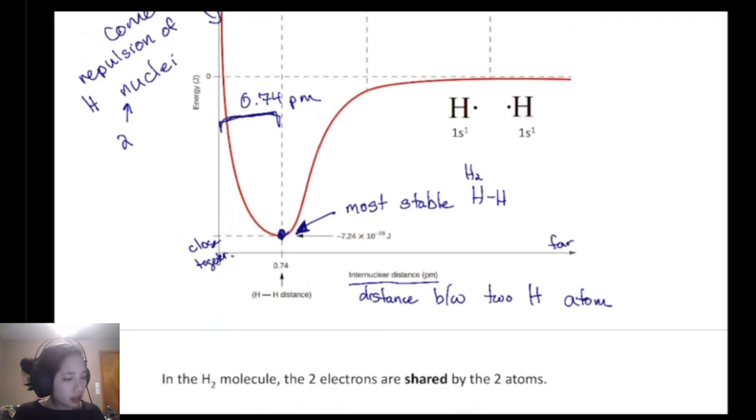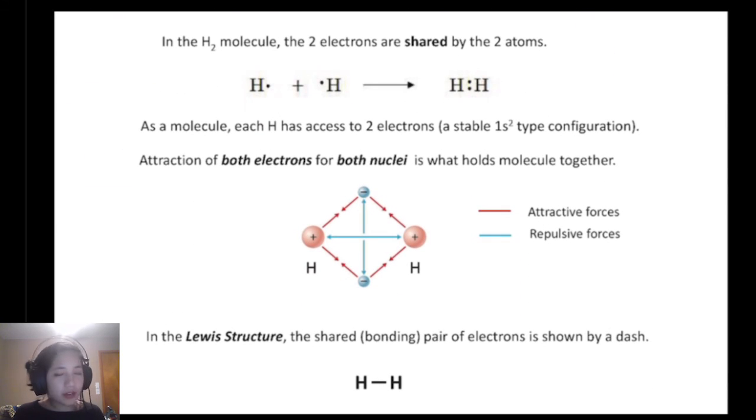So I think the next slide talks about the different types of energies we see when we have electrons and protons in the system. So just to summarize, the H2 molecule has two electrons shared by the two atoms. So here's the Lewis structure of hydrogen. Those electrons are shared with one another, and you get our H2 molecule, where two electrons are being shared to form a covalent bond.